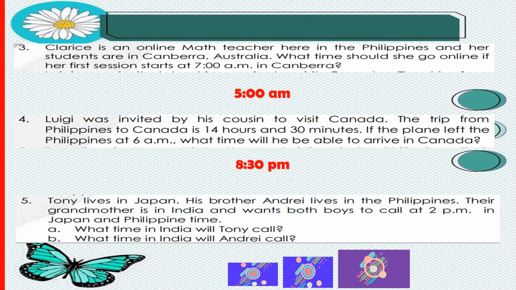Okay, number 5, Tony lives in Japan. His brother Andre lives in the Philippines. Their grandmother is in India and wants both boys to call at 2 p.m. in Japan and in the Philippine time. Letter A, what time in India will Tony call and what time in India will Andre call?